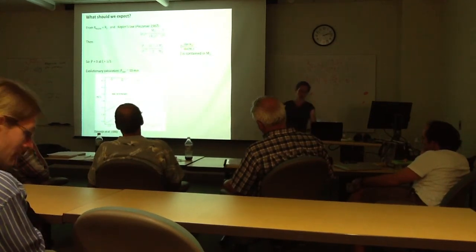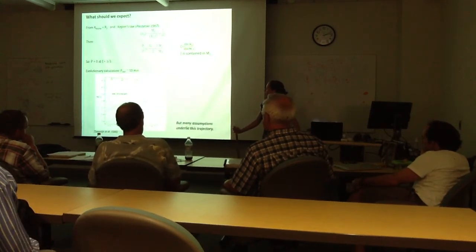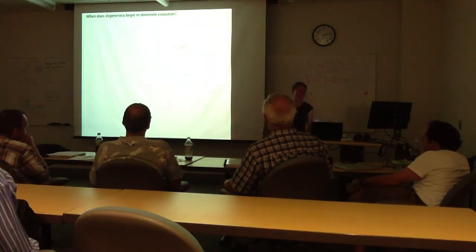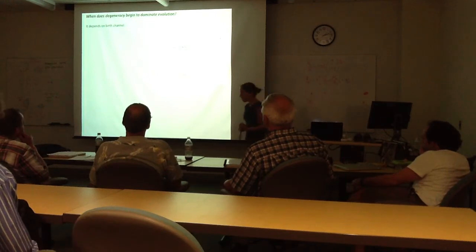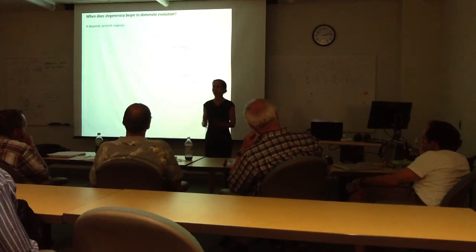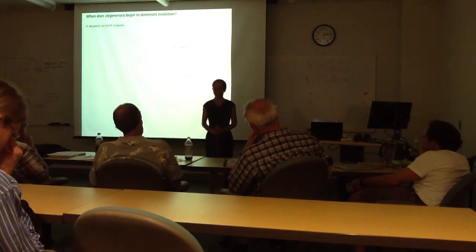But a lot of assumptions go into where that curve crosses the boundary. If you ask, when does degeneracy begin to dominate the evolution? It depends primarily on the birth channel of the system. Where did this thing come from? What was the secondary long, long ago before Roche lobe overflow? If it was never massive enough to ignite helium in its core, maybe it is a fully degenerate helium white dwarf at the onset of Roche lobe overflow.